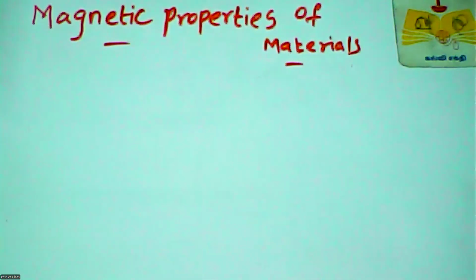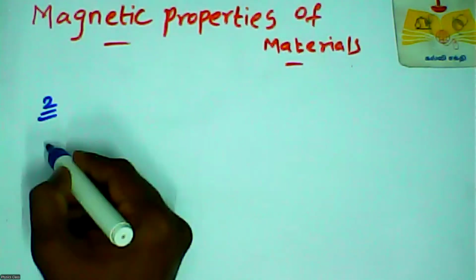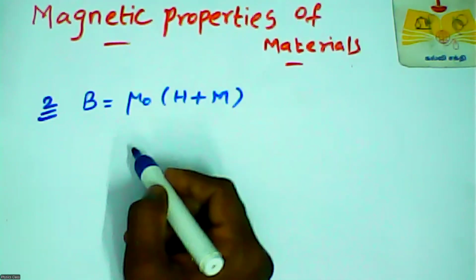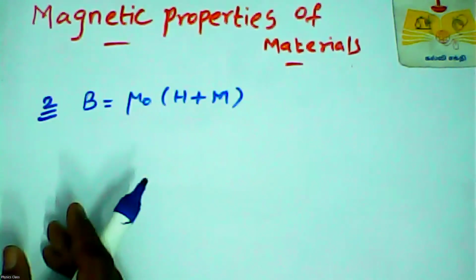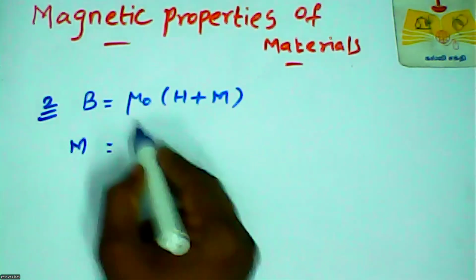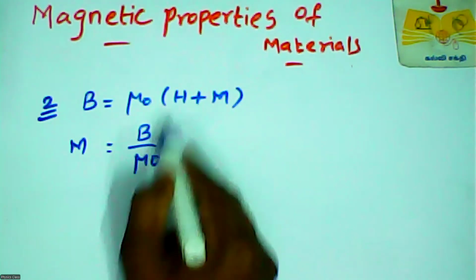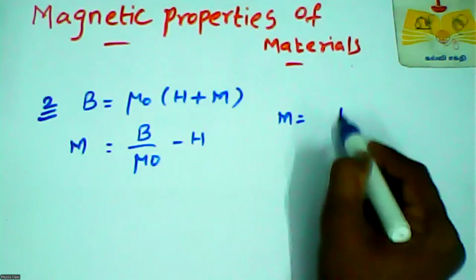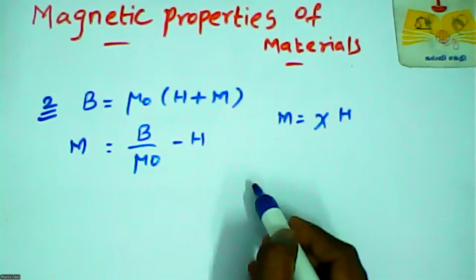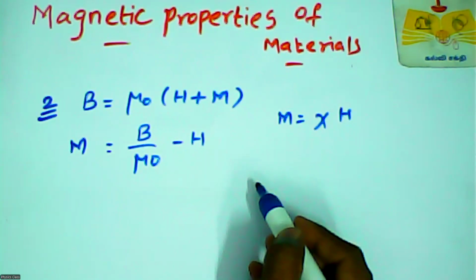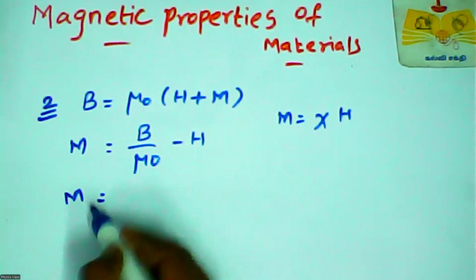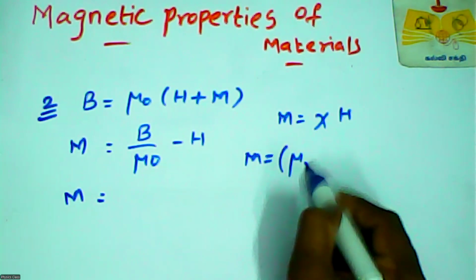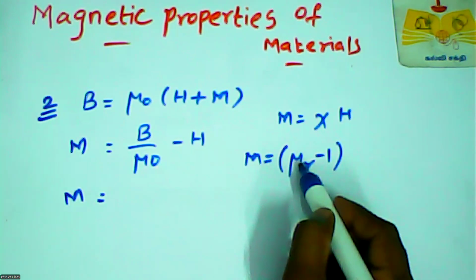For the second sum, problem number 2, we know the relation B is equal to mu naught times H plus M. So rearranging, M is B by mu naught minus H. And the relationship between M and H is psi into H. There is a relationship between psi and mu r: psi is mu r minus 1.